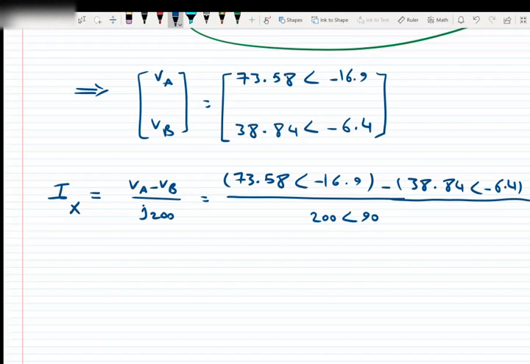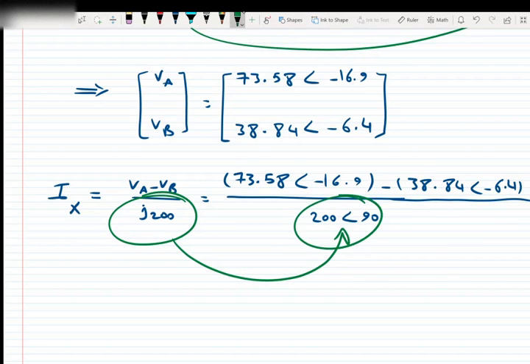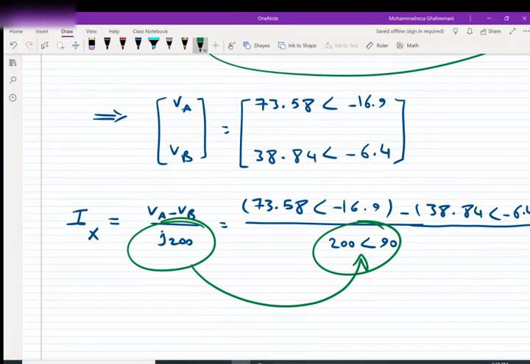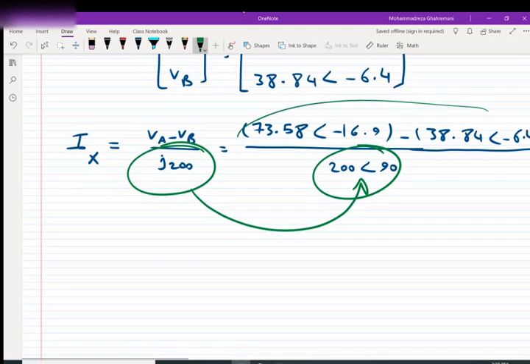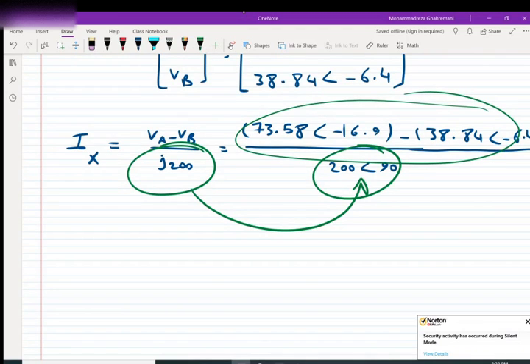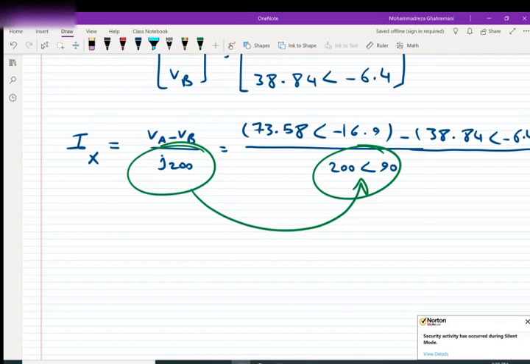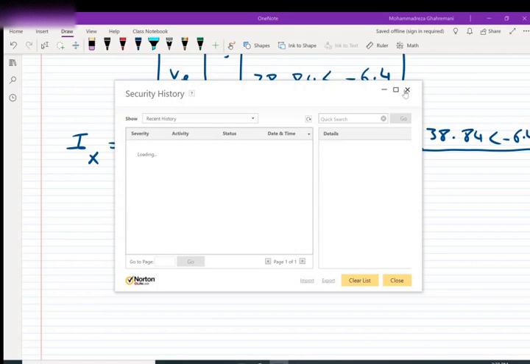We already discussed that J200 converting to the polar form will be the same magnitude with the angle of 90. And then we continue subtracting these two values and dividing by 200 with the angle of 90.